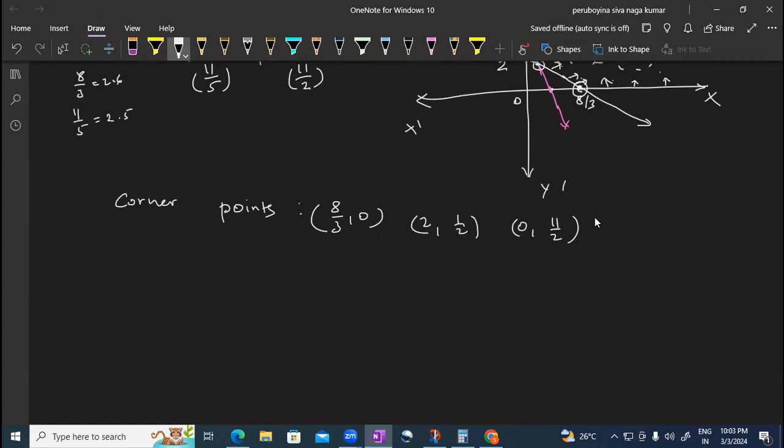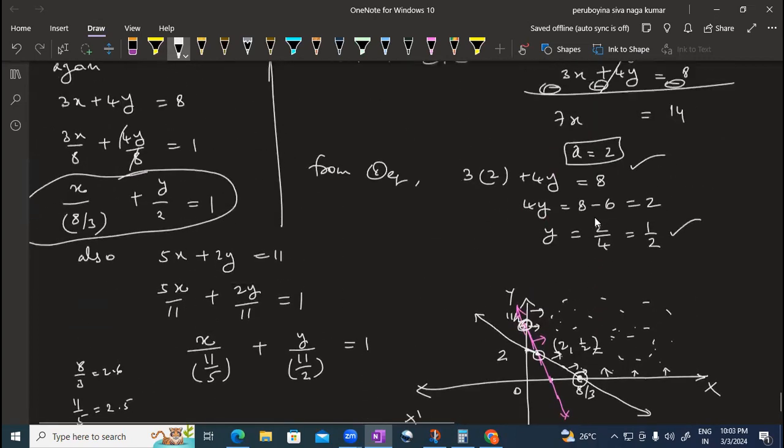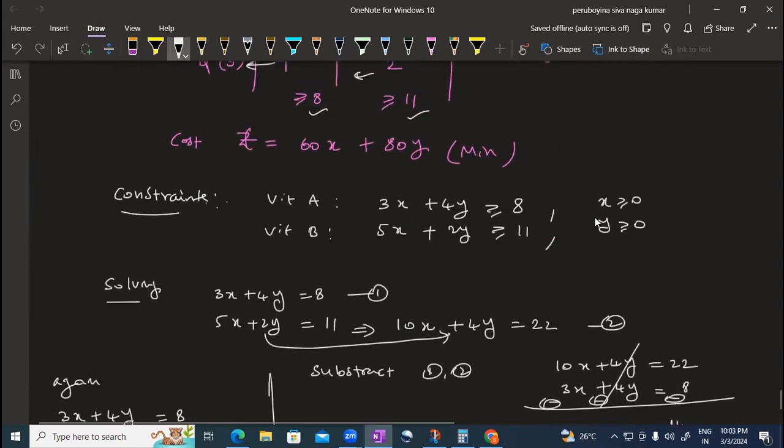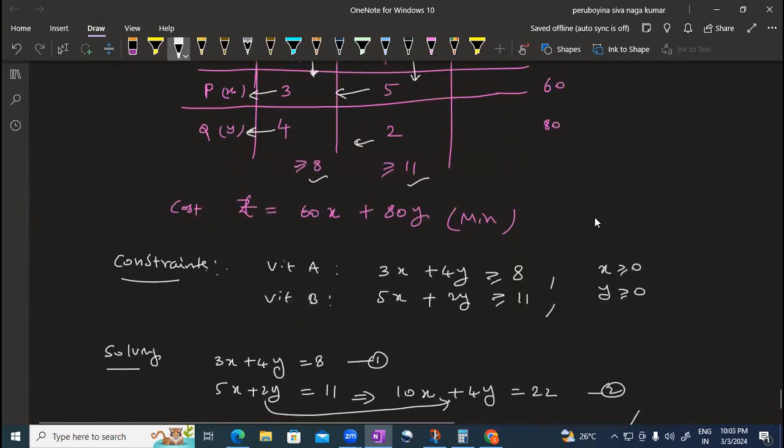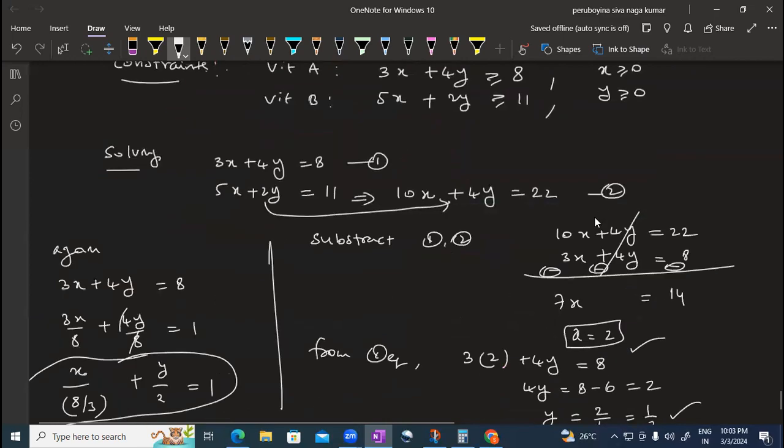So we will calculate the G value and we will make the constraints. So write down the points and G value. G value means total cost. Total cost is 60x plus 80y.